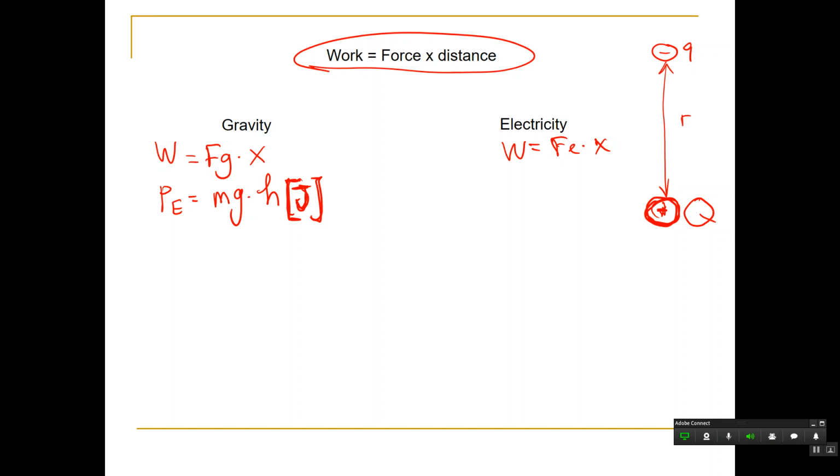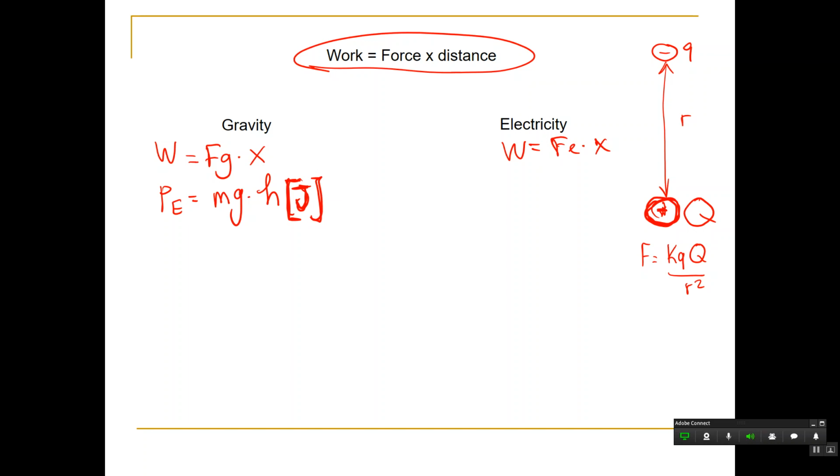Well, I'm not asking if it's positive or negative. I'm asking what would be the formula for that. Absolutely, kqQ over r squared. Do you remember this?